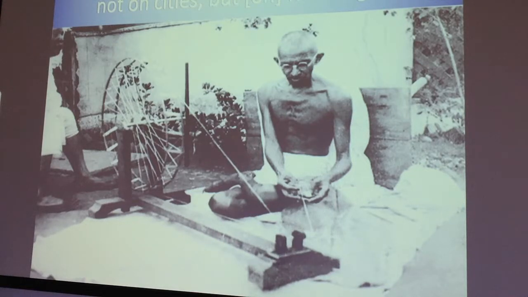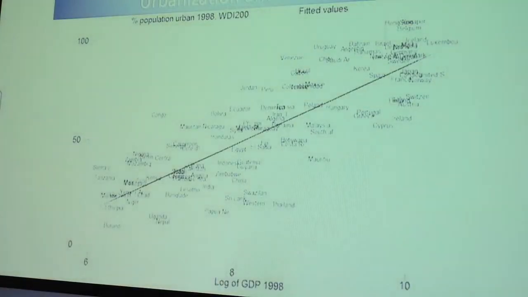With all due respect, the great man was completely and totally wrong. The future of India is not about its villages, but it is very much about Delhi and Mumbai and Kolkata and Bangalore, and the places that are pathways out of poverty into prosperity for India and indeed throughout the developing world. This is the relationship between urbanization and income across countries overall.